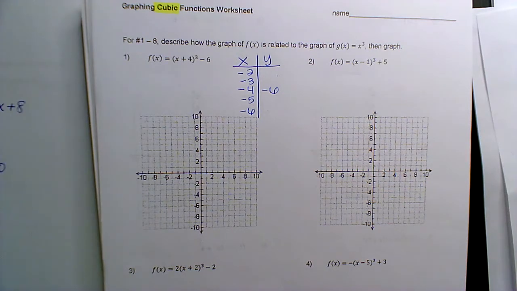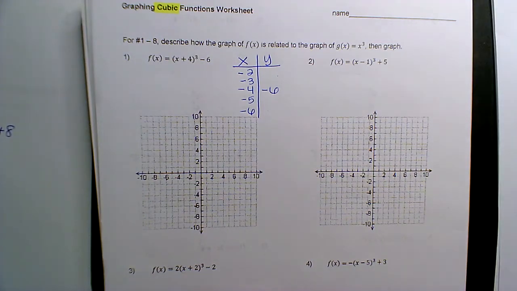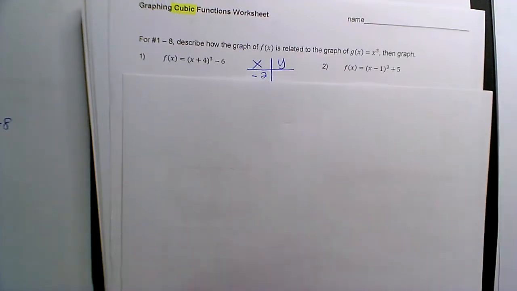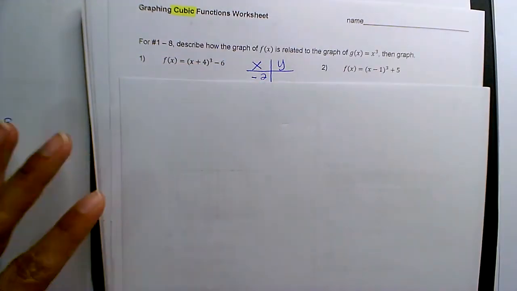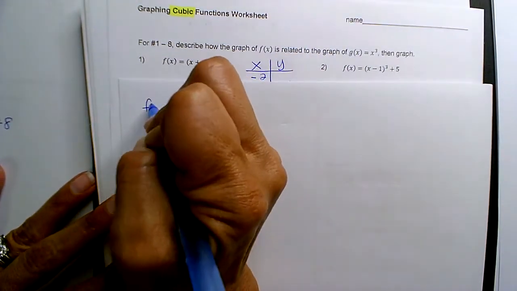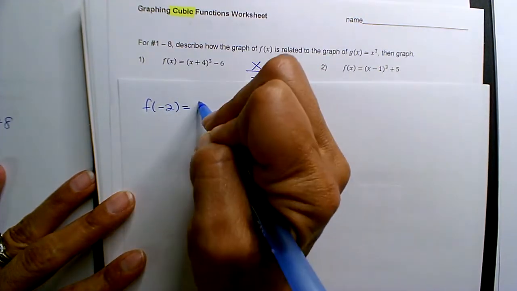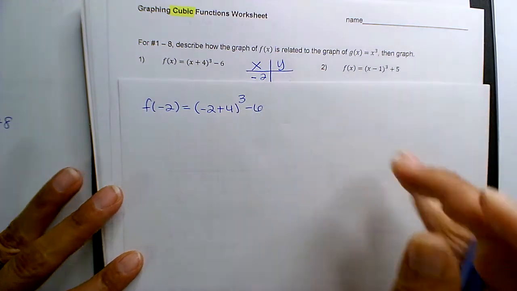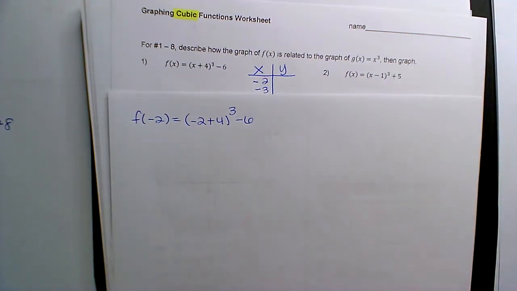Okay, because the calculator always works. All right, we're going to do it by hand, and then we're also going to put it in the calculator. So I'm going to substitute -2 into here. So f of -2 is (-2 plus 4) cubed minus 6. Okay, order of operations.